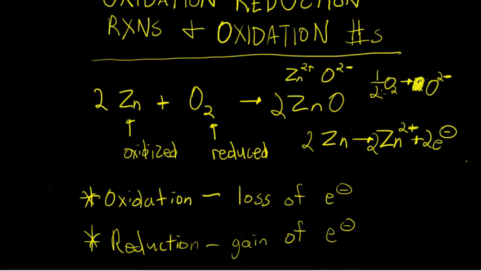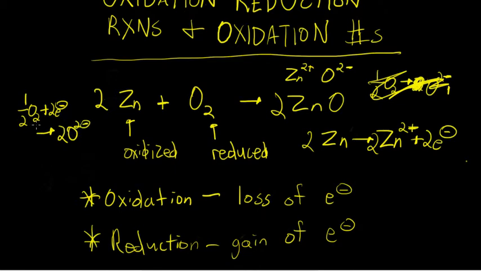I put 1/2 here to balance the equation. I made a mistake, so I'll just write it here: 1/2 O2 gains 2 electrons to give you O2-.